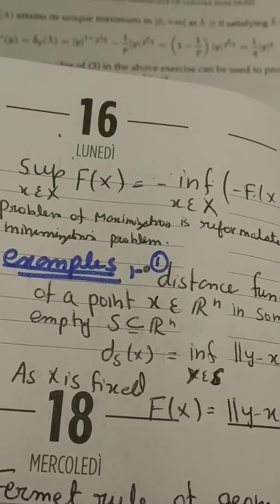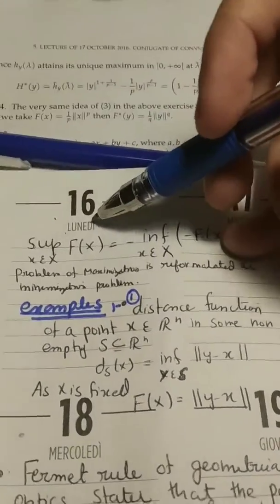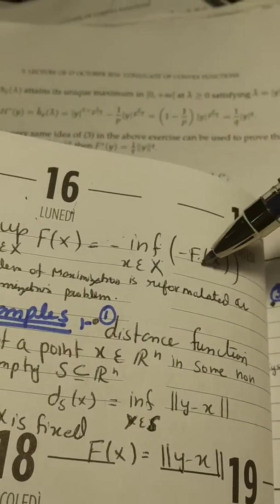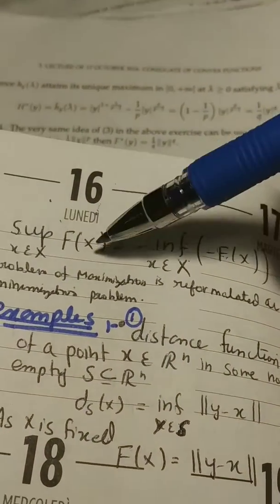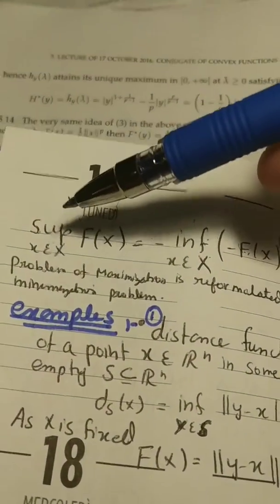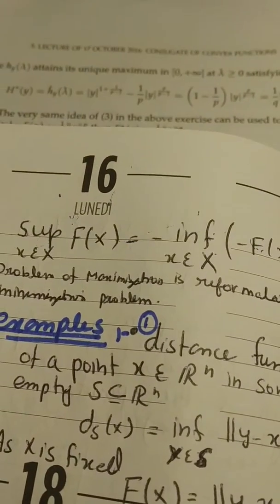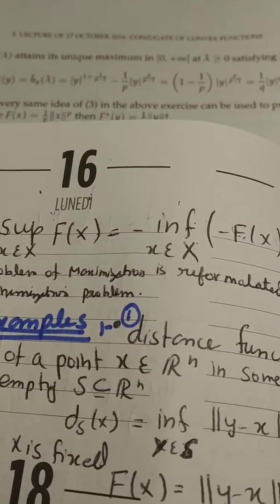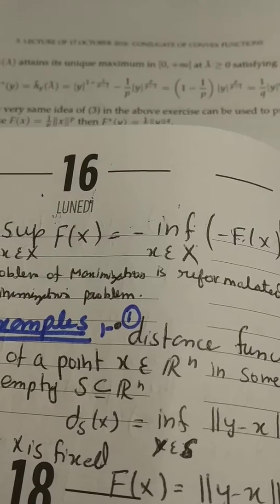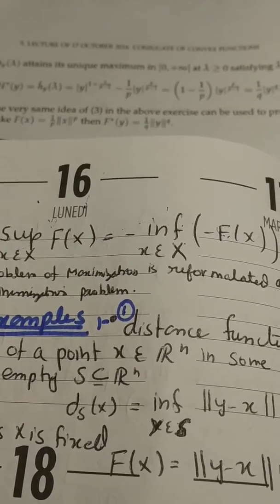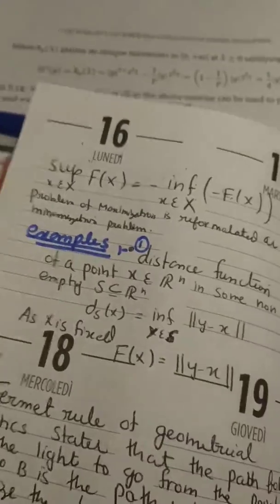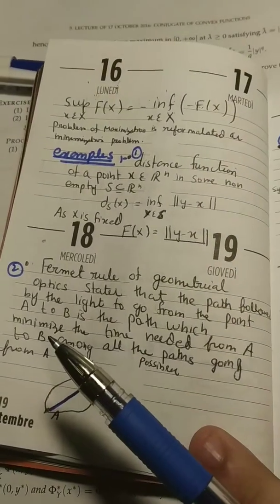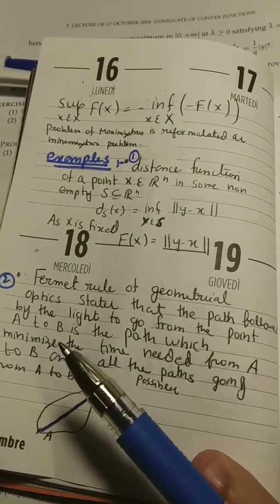We say that the supremum is equal to the negative of the infimum of the negative function. Supremum, you know, is the reverse of the definition of infimum, the greatest lower bound. Okay, I know that you will know these infimum and supremum definitions in your previous courses, so I am not going to tell you more about it.